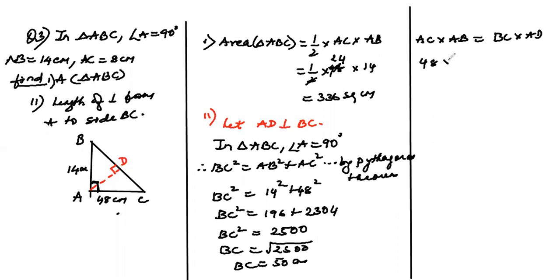Now just put the values. 48 into 14. BC is how much you got? 50 into AD. So 48 into 14 upon 50 is equal to AD.